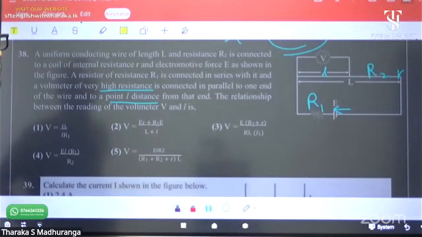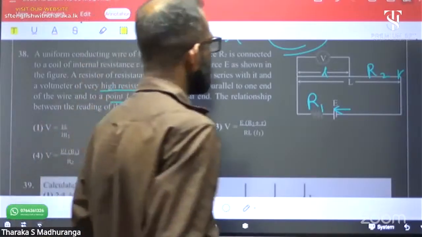The relationship between the reading of the voltmeter and L is asked.